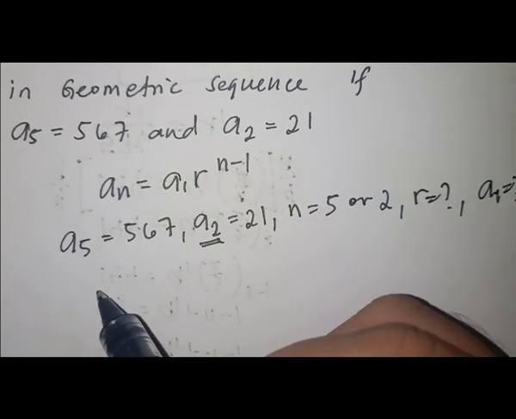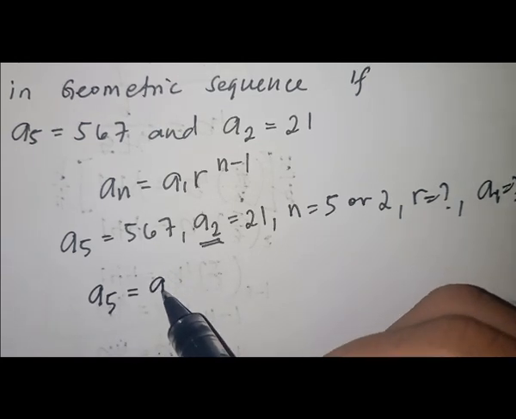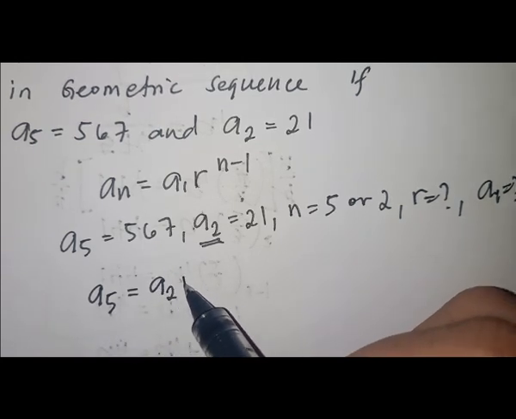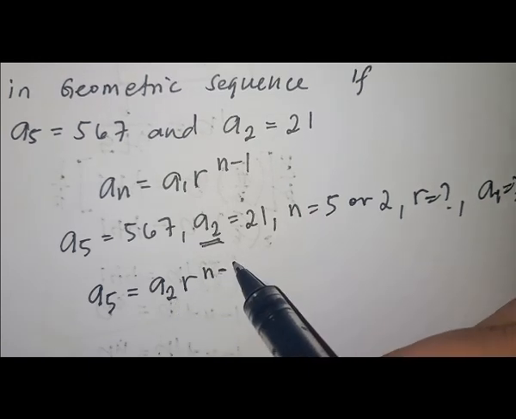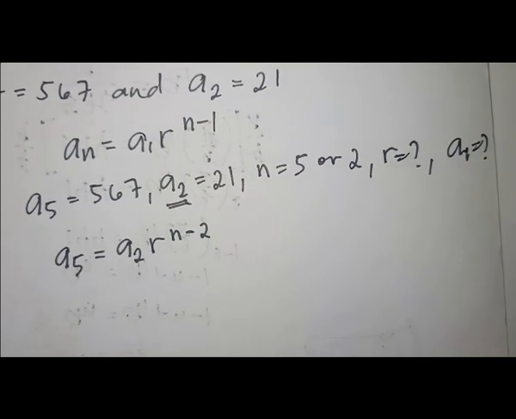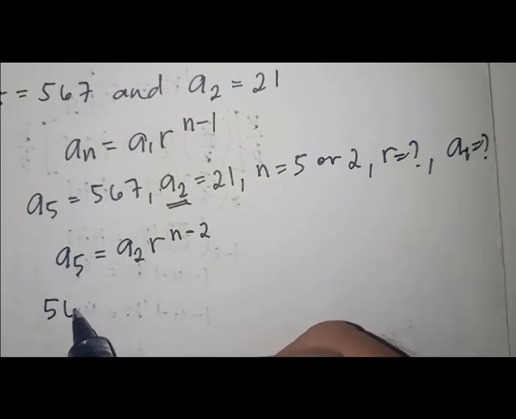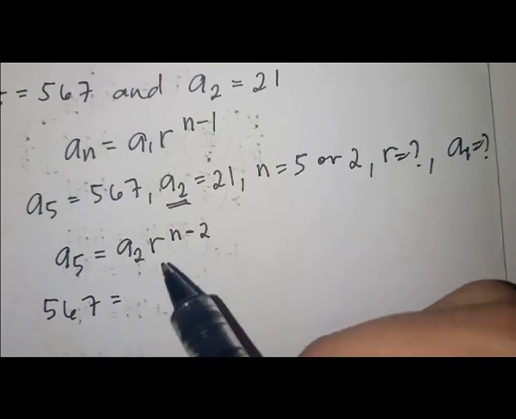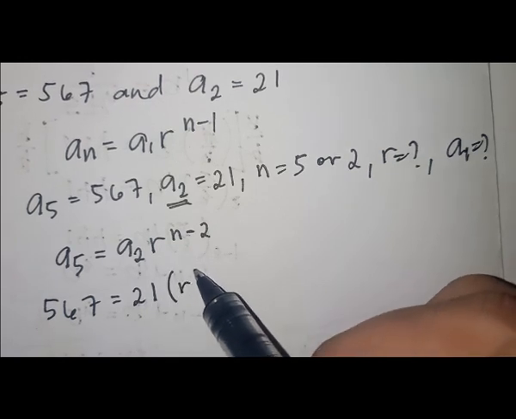Okay, so yung magiging equation natin, A sub 5 equals A sub 2 times r raised to n minus 2, dahil A sub 2. So ngayon, substitute natin yung corresponding value. A sub 5 is 567. Ang A sub 2 natin ay 21. r is unknown.